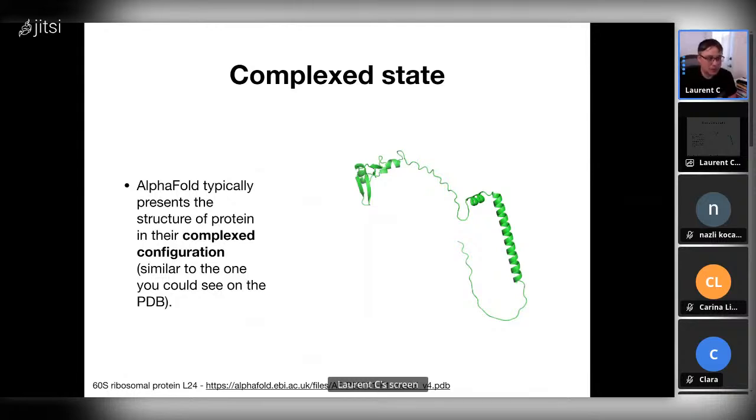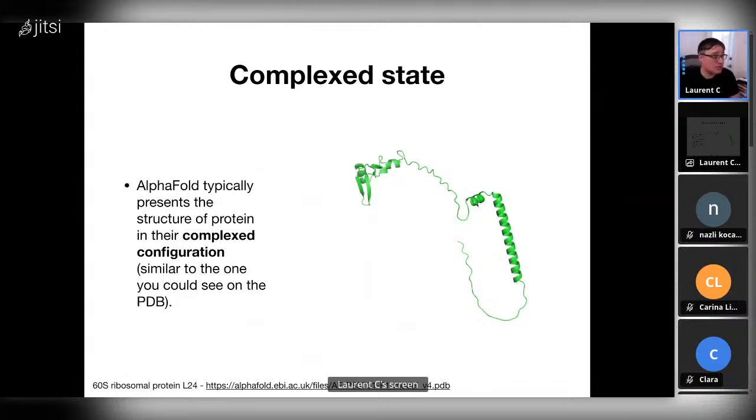So, for example, if you go into the AlphaFold database and you look for this particular protein, you may be intrigued by the structure that you see. You see a couple of secondary structures that seem to be hanging all by themselves. It's not something that you would usually see in a protein that is alone.